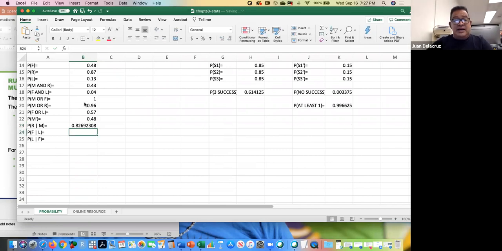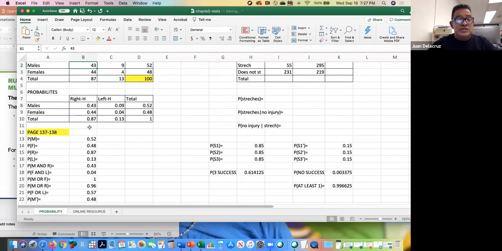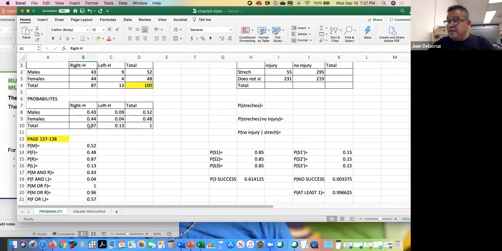And then we have, let me make this smaller. So also we have the probability of a female, given that the person is left-handed. So this is the probability of a female given that the person is left-handed.